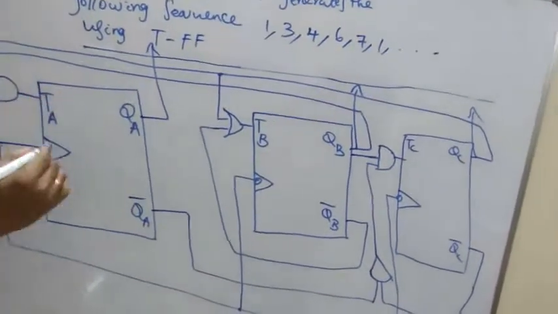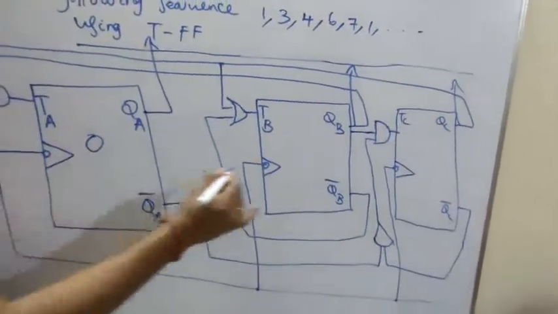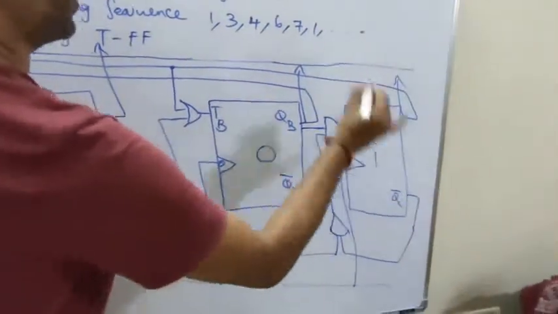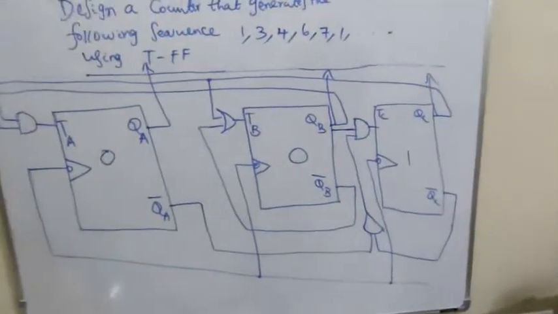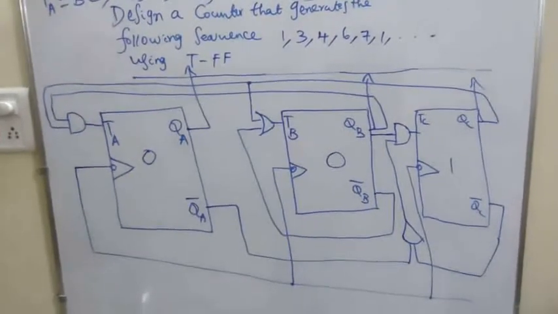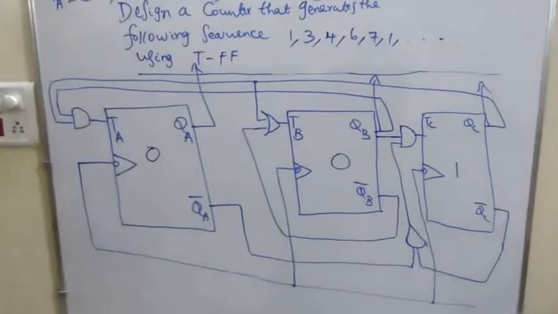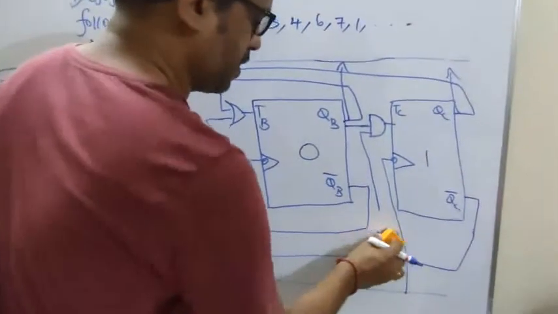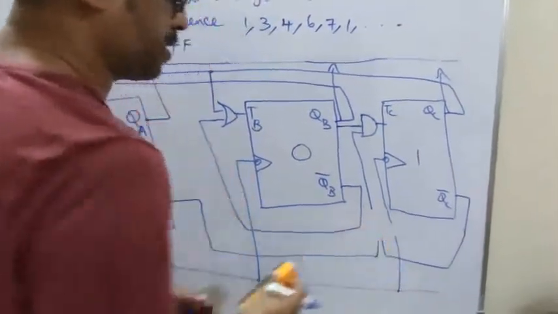Okay. What is the first state? 1. That is nothing but 0, 0, 1. Okay.